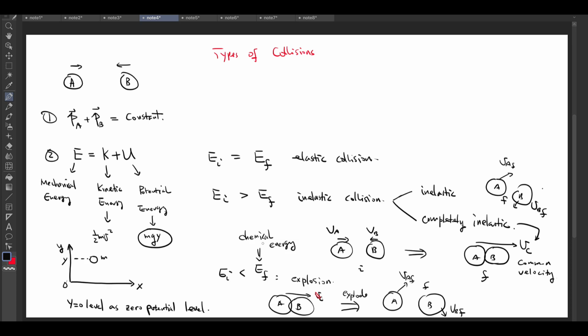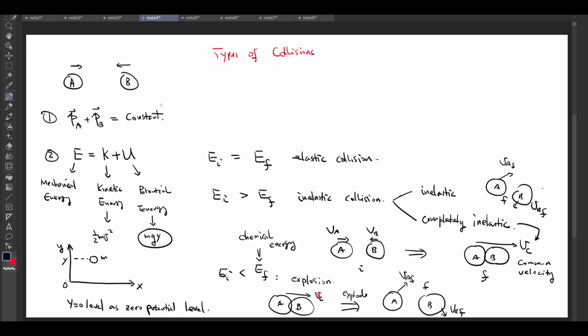So there's still energy conservation. It's just that mechanical energy is not conserved. Other types of energy are converted into mechanical energy. So those are the different types of collisions. I hope that helps your conceptual understanding of the collision process.